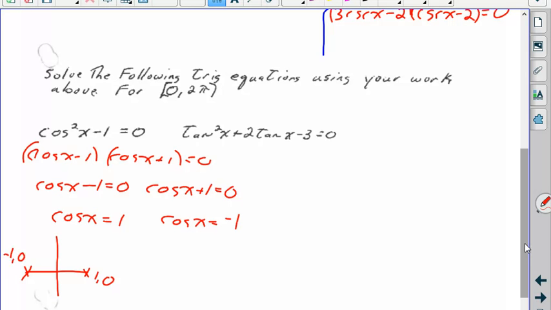So our cosine is 1, our sine is 0, our cosine is negative 1, our sine is 0. So we have two solutions for this: x is equal to 0, x is equal to pi. And it would be 2 pi, although my domain is only asking for up to, but not including, 2 pi.